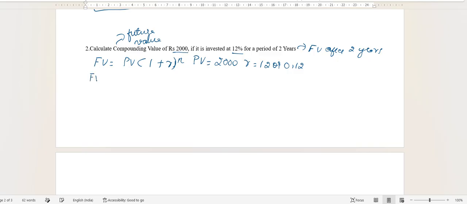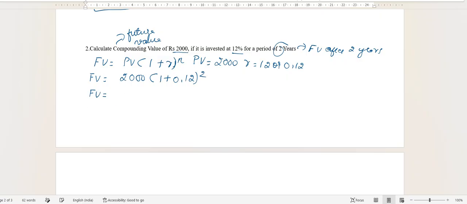Now my future value is equal to the present value that we identified, 2000, 1 plus the rate of interest, 0.12, for how many years are we making the investment? 2 years, to the power of 2.